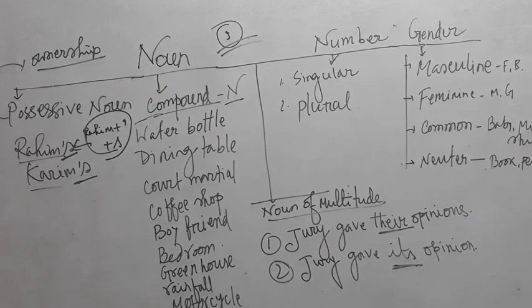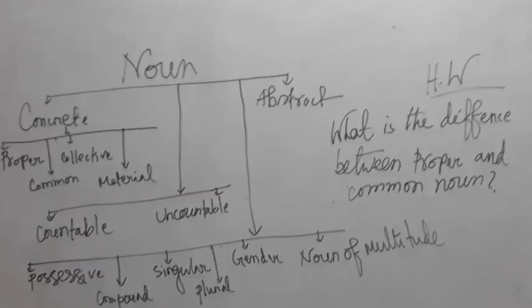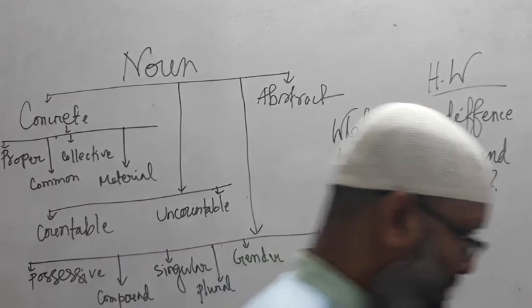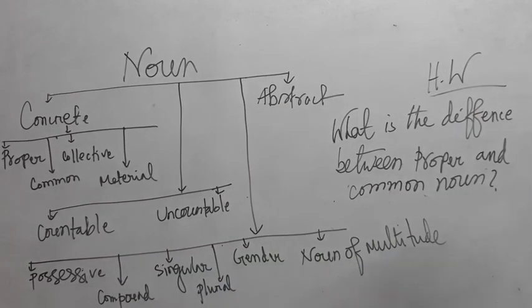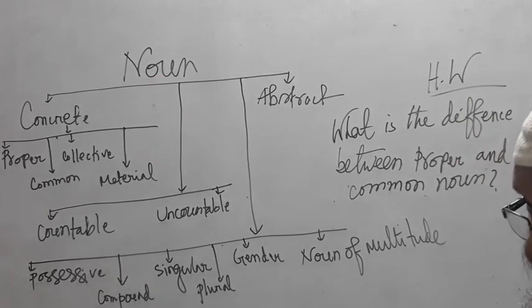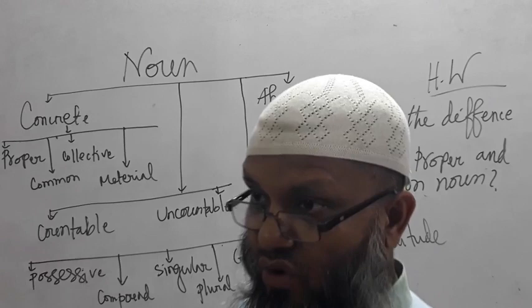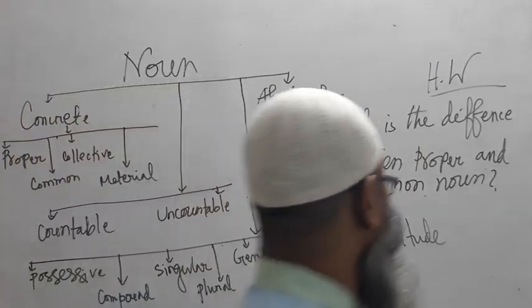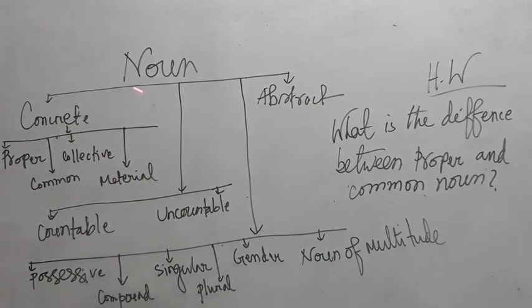Okay, let's see another point. I have already told you a lot about noun. Now let's see what we have learned from noun. I have already taken 2 classes on noun, and see what we have already learned.